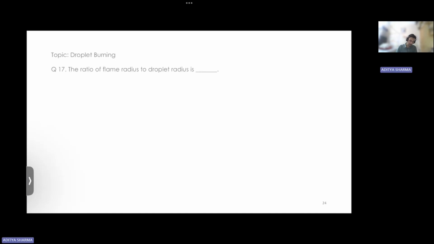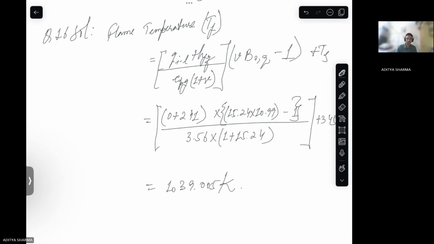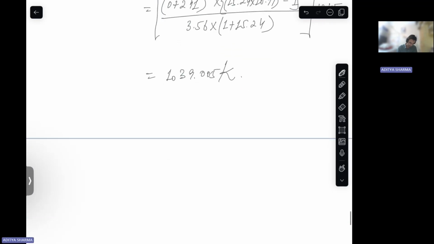Now question number 17, the ratio of flame radius to droplet radius. What is this ratio? Let's see.